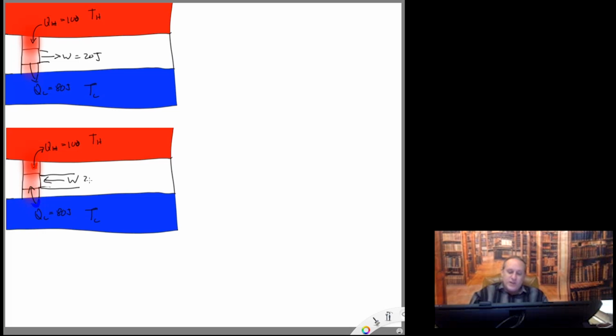So if we have 20 joules of work input, then we can move 80 joules of heat from the cold place to the hot place.